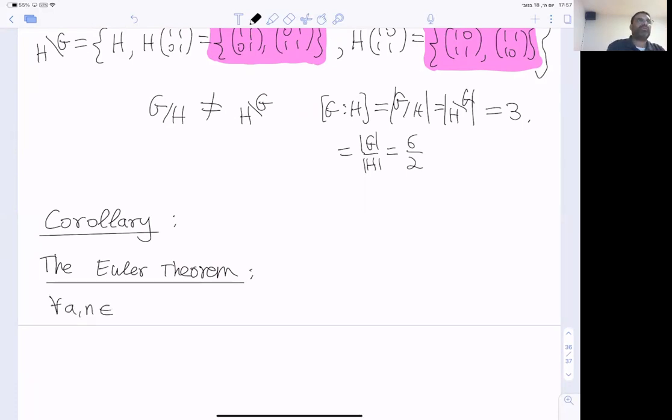natural numbers, if they are coprime, then A to the power of Phi(n) is 1 modulo n.